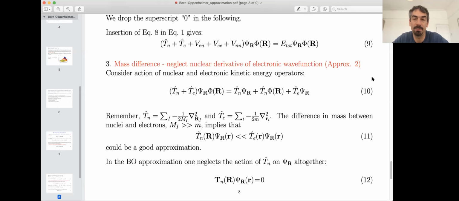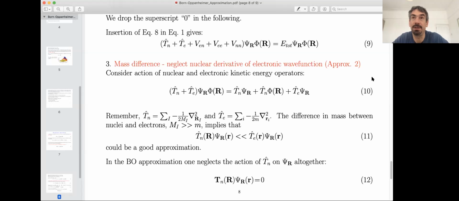So this is the physical picture of all of that. As the nuclei move or vibrate, the electrons will instantly follow that motion, because they are much lighter. It's the same in astronomy, right? The sun is much heavier than the Earth, and when the sun moves, we just instantly adjust our trajectory to it.